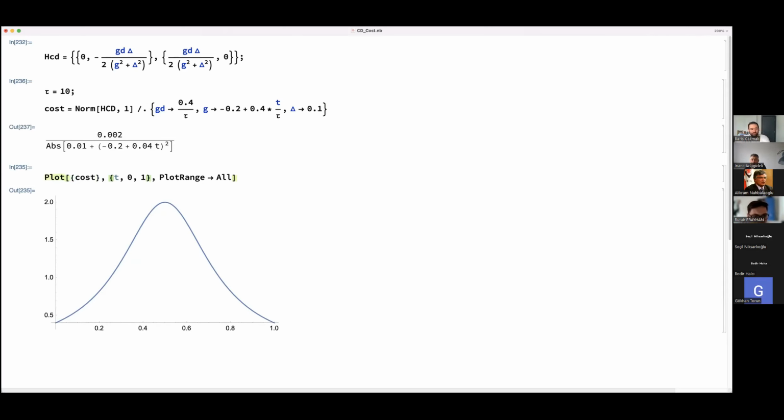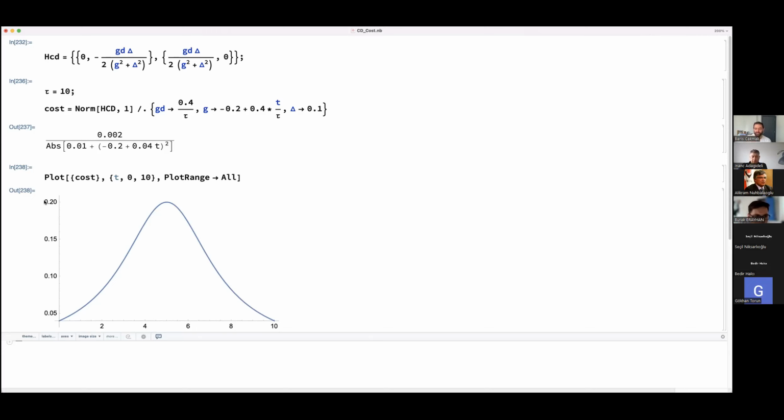So you see the same behavior, but as you can see, the magnitude of the cost dropped by a factor of 10. The reason for this is that since we are more slowly changing the parameter in our Hamiltonian, the cost drops. Why? Because we are closer to the adiabatic limit in this case.